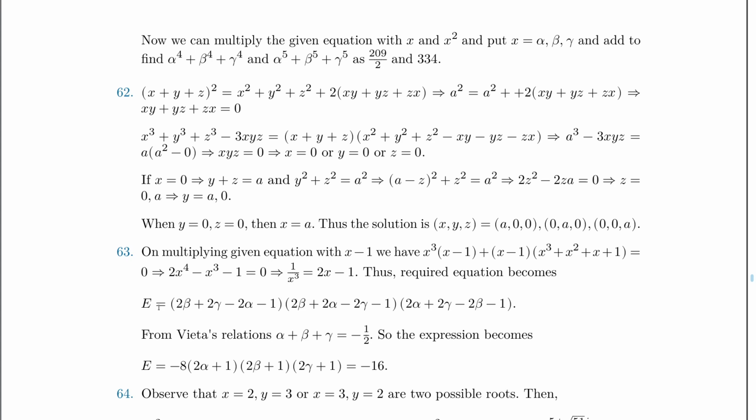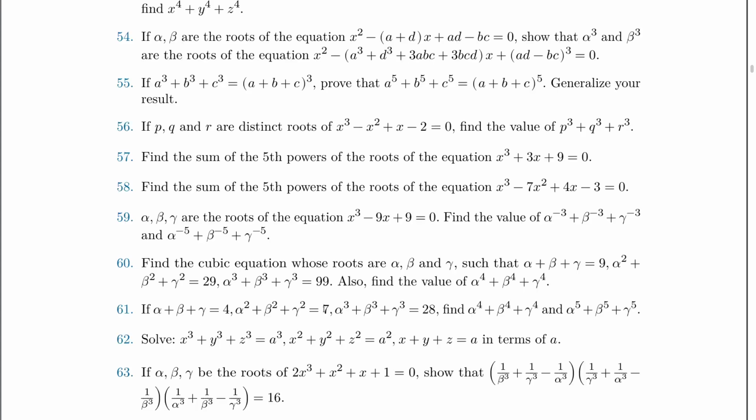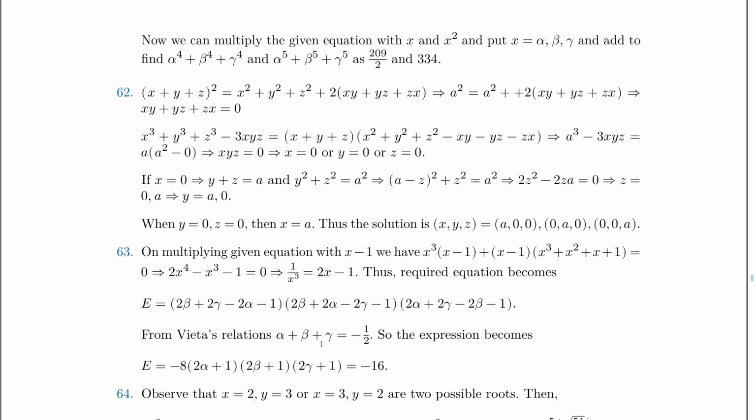So let E be the given expression. E is equal to (2 beta plus 2 gamma minus 2 alpha minus 1) into (2 beta plus 2 alpha minus 2 gamma minus 1) into (2 alpha plus 2 gamma minus 2 beta minus 1). And from Vieta's relations, if you look at this equation, alpha plus beta plus gamma is equal to minus half.